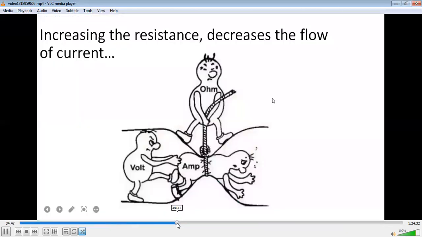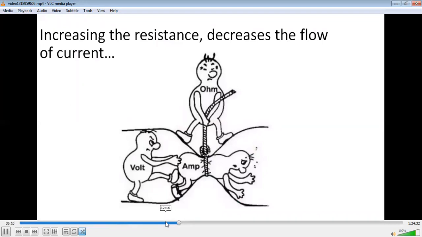Now, increasing the resistance decreases the flow of current. You have to remember we have used here voltage, resistance and electric current. So electric current will be less if resistance is bigger, and if the pressure, that means volt, is given higher, then electric current is also higher.